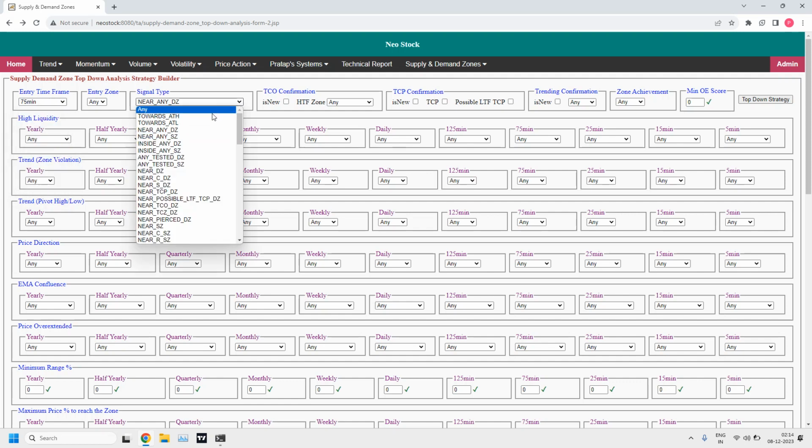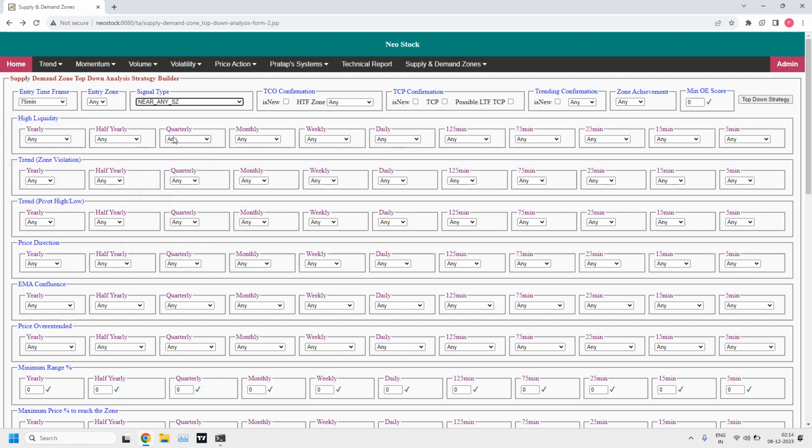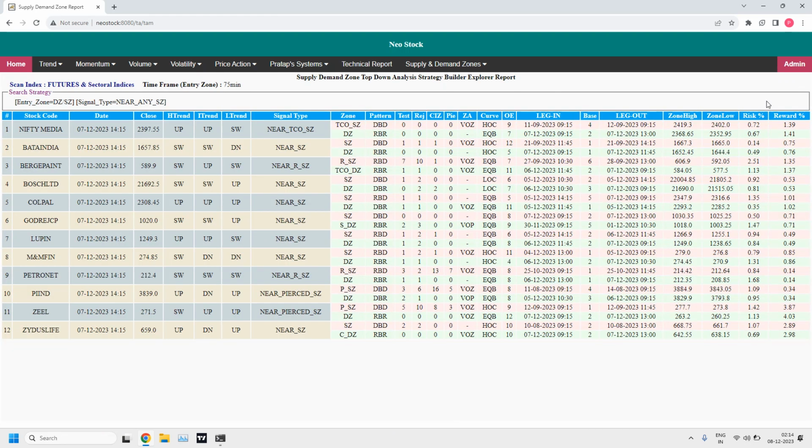Entry time frame is 75 minutes. Let us find the stocks near to the 75 minute supply zone. So 12 stocks are filtered. Any high liquidity supply zones? We have Burger Paint. Previously also once we got an entry in this stock, but it is already tested 7 times. So you should be very careful. You should look for fresh zones.